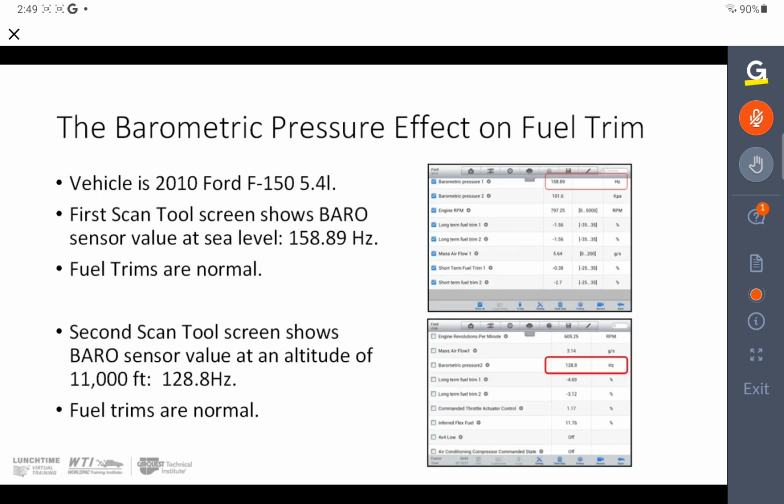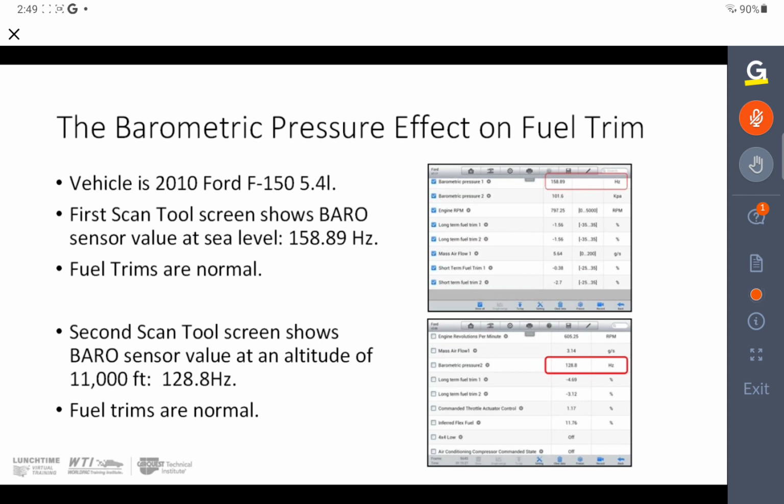In this case right here, we're looking at barometric pressure effects on fuel trim. This is the same vehicle in both these charts. It's a 2010 F-150. The upper chart is showing you the barometric pressure at sea level is 158 hertz. That's normal barometric pressure at sea level, so the fuel trims are normal.